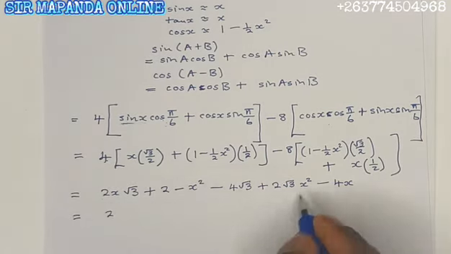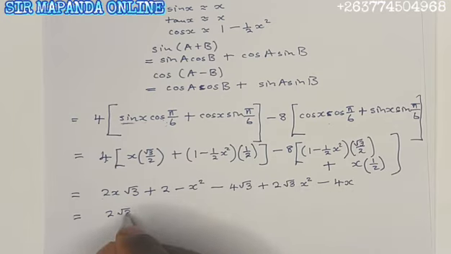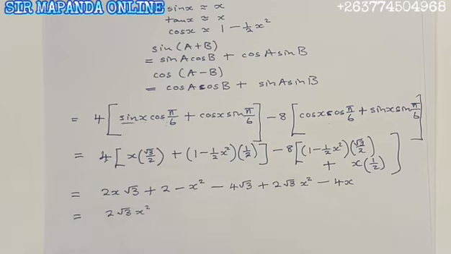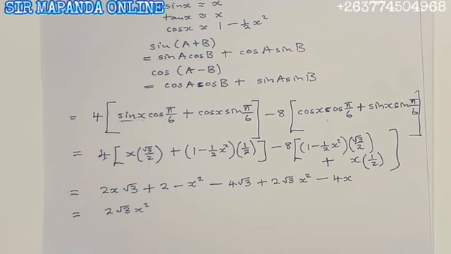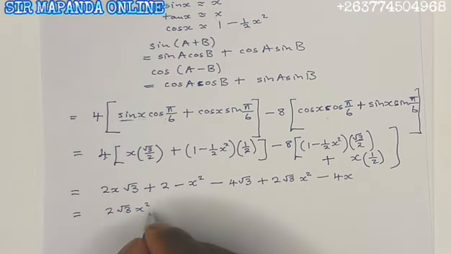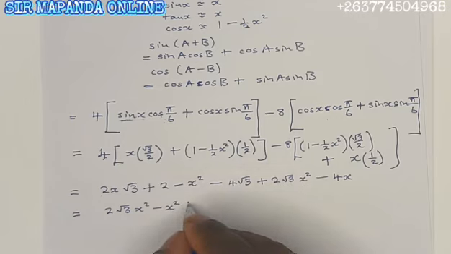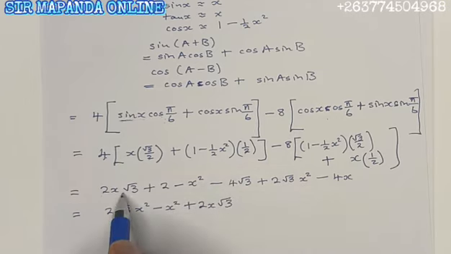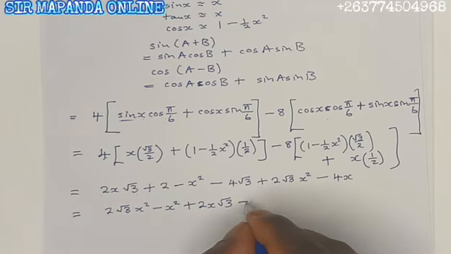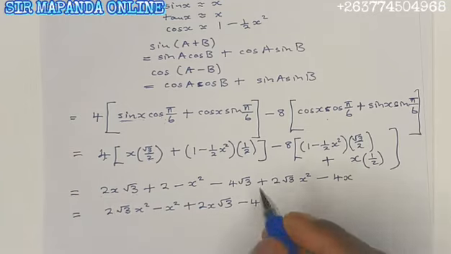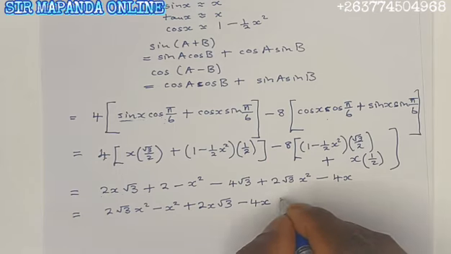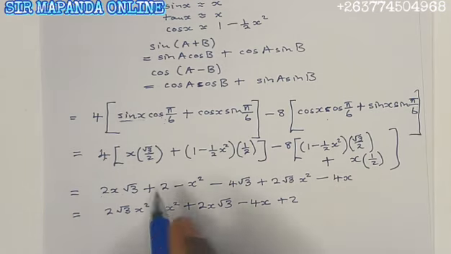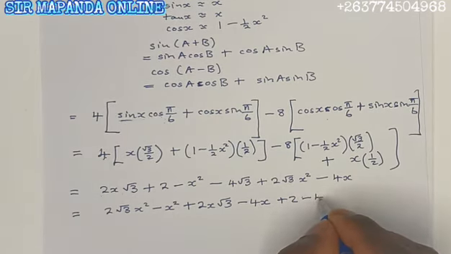Right. So from the show that, it means I'm going to collect like terms starting with x squared. So I'm going to write this 2 root 3 x squared first as my first term, with its like term, which is minus x squared. Then followed by 2x root 3, this term, with its like term, which is minus 4x. Then you write plus 2 here, followed by its like term, minus 4 root 3.